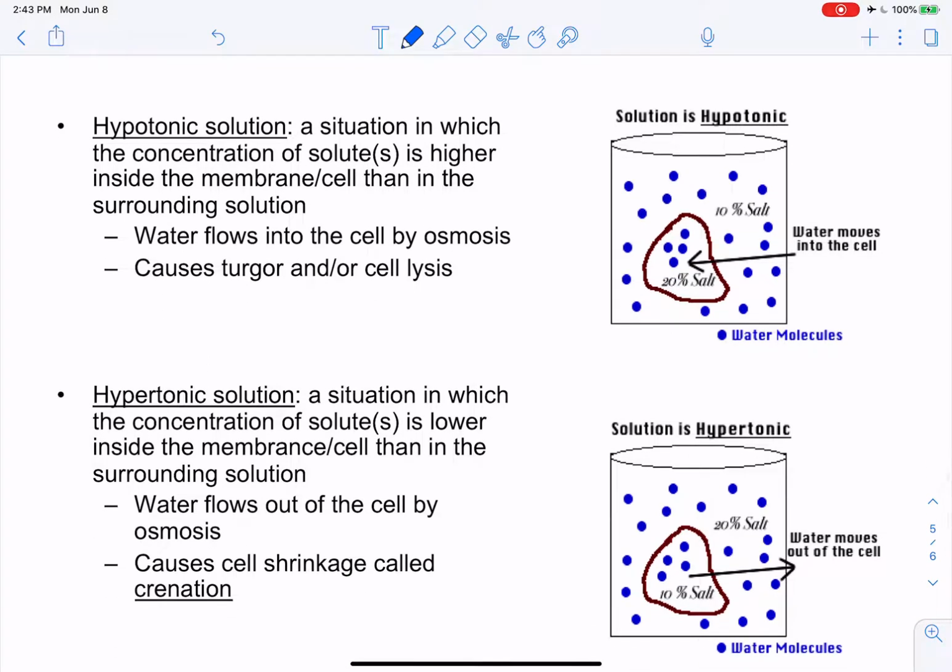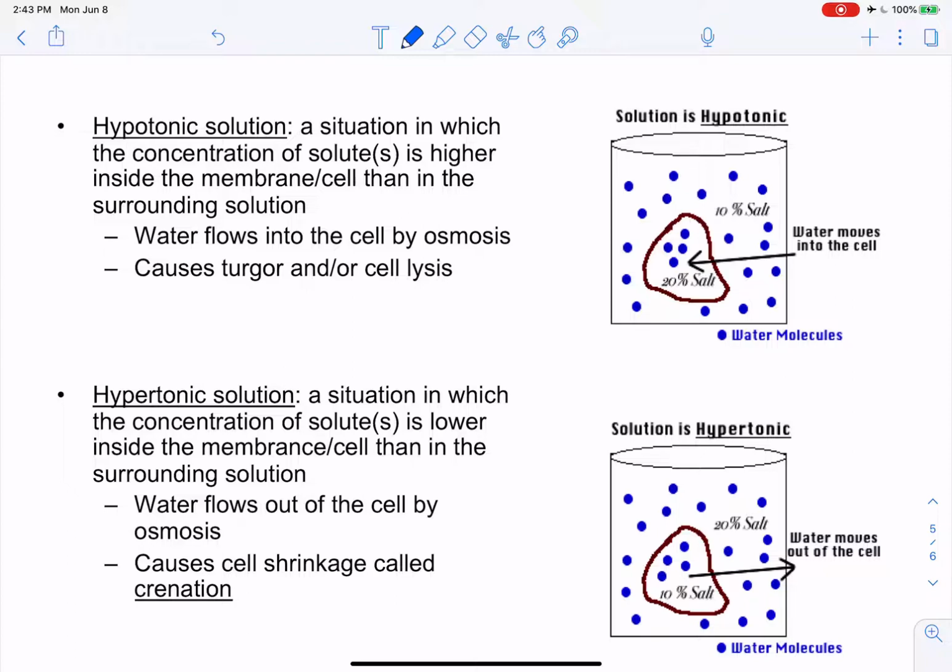So in this slide, we've got hypotonic and hypertonic solutions. Now, a hypotonic solution, this is a situation in which the concentration of the solute is higher inside the cell than in the surrounding solution.